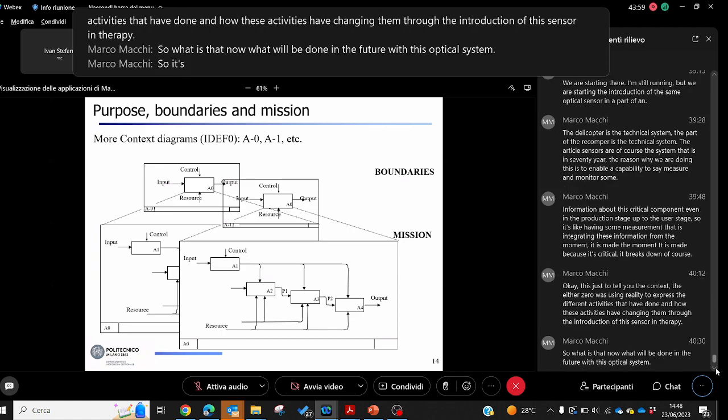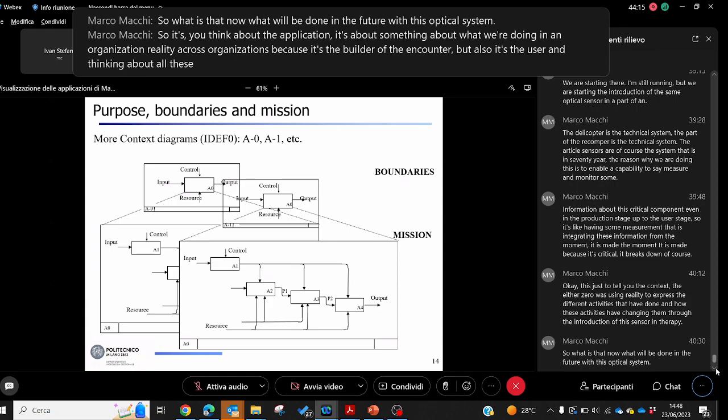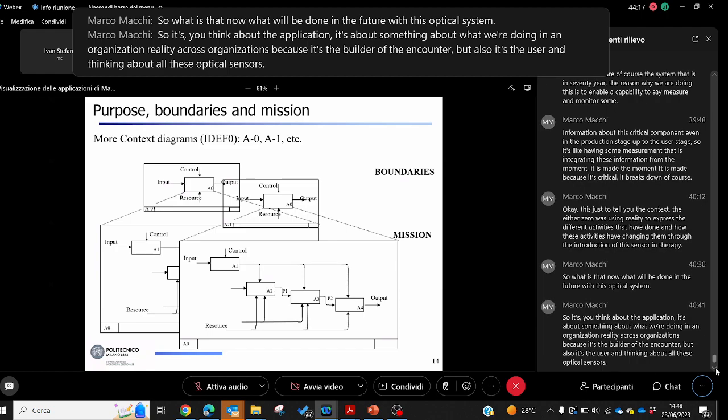If you think about the application, it's about talking about what we're doing in an organization, in reality across organizations, because it's the builder of the helicopter, but also the user. And thinking about how these optical sensors may act and may enable a change in the process.